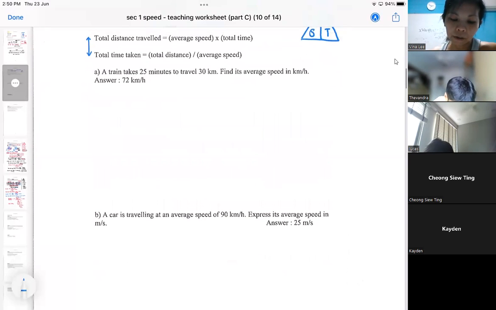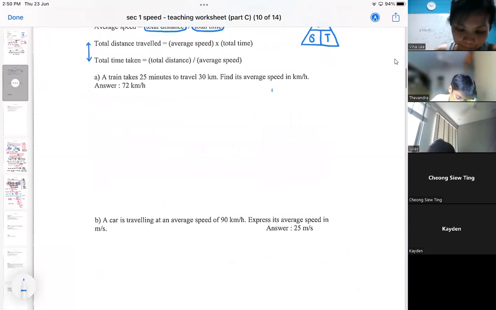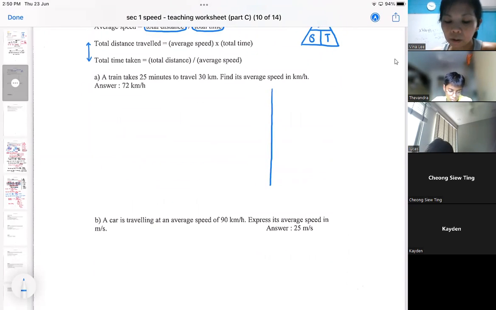Even the first one, as simple as a train taking 25 minutes to travel 30 kilometers, there is an information column. The information column is to convert the 25 minutes to hours.